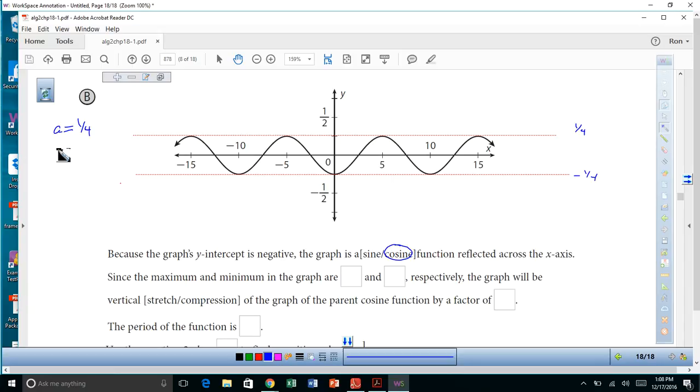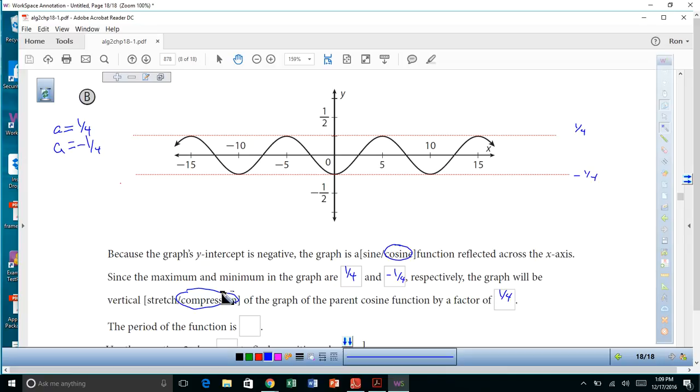So that tells you that A is negative 1/4. Okay? So the maximum and minimum on the graph are 1/4 and negative 1/4 respectively. The graph will be a vertical compression of the graph of the parent cosine function by a factor of 1/4.